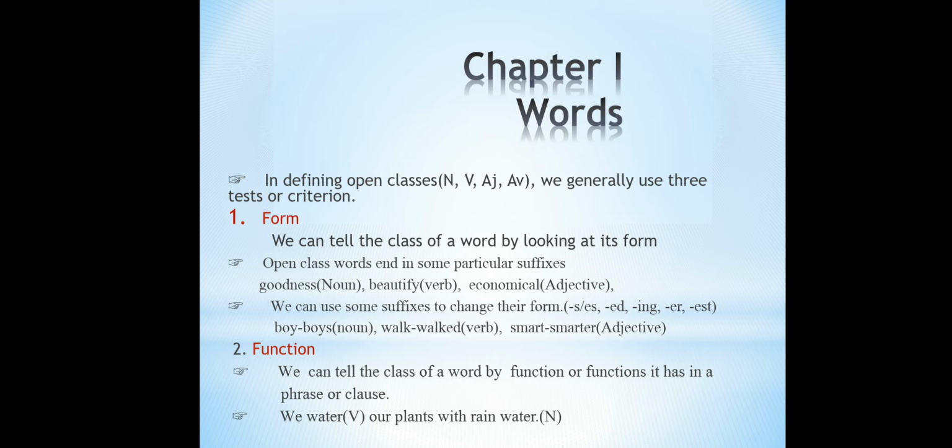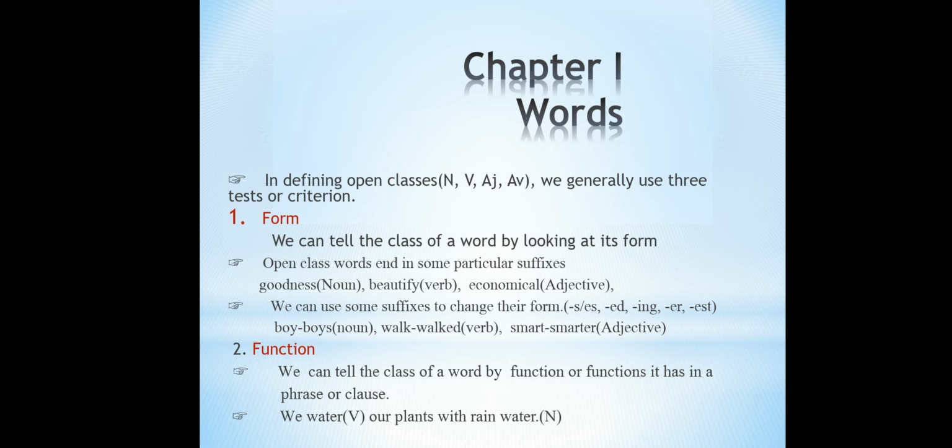Every word has internal structure. Words end in some suffixes. You must have studied suffixes, and we say that there are noun suffixes, verb suffixes, adjective suffixes and adverb suffixes.